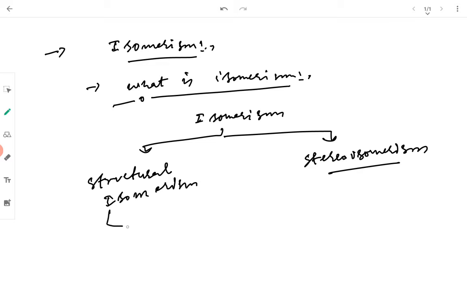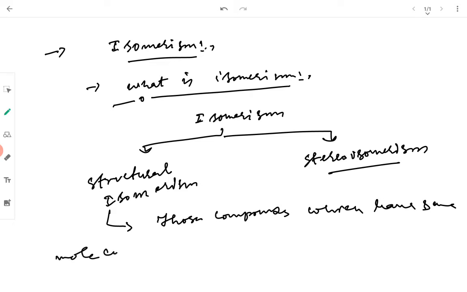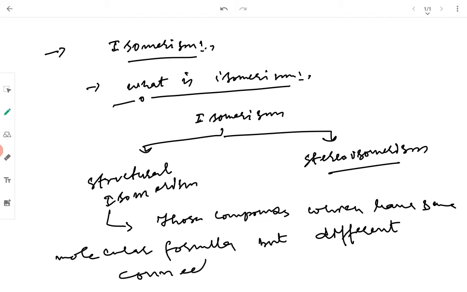Structural isomerism. What are structural isomers? We define them as those compounds or molecules which have the same molecular formula but different connectivity, different connectivity of bonds.